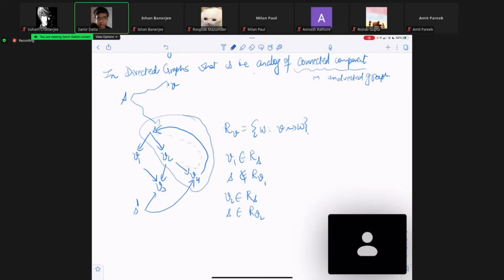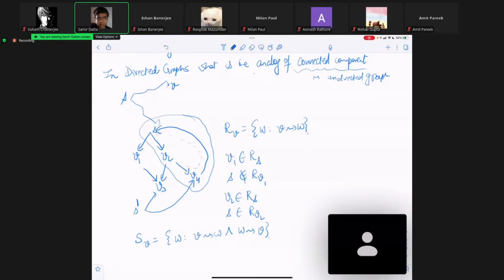So let's define S of V as those vertices W such that there's a path from V to W and there's a path from W to V. Our guess is that these S of V's are equivalence classes.